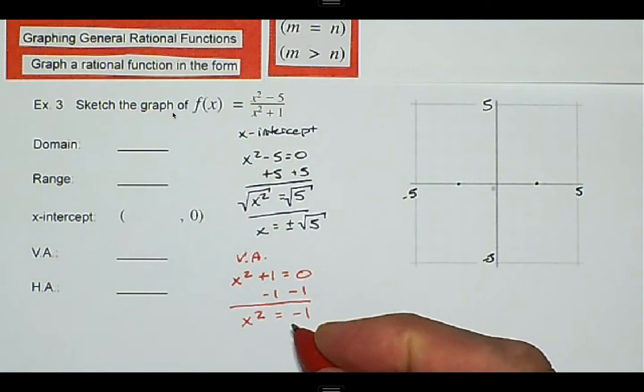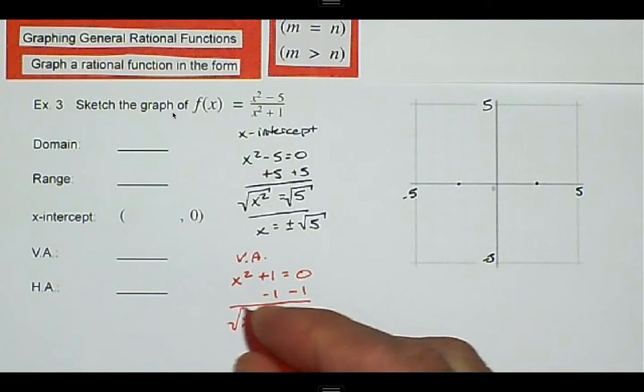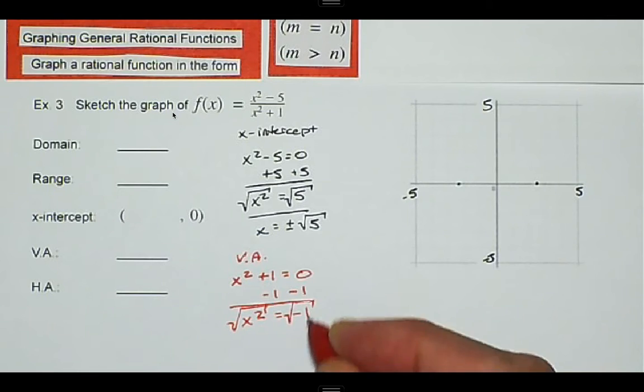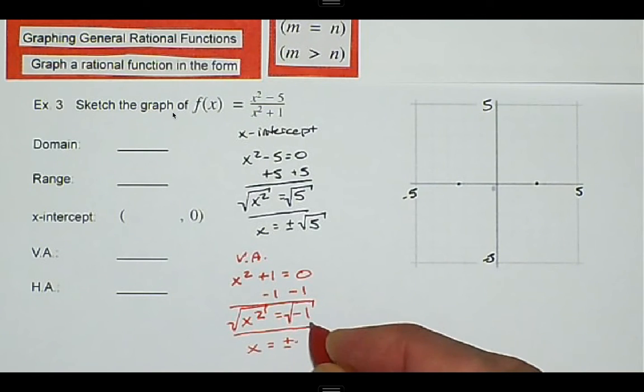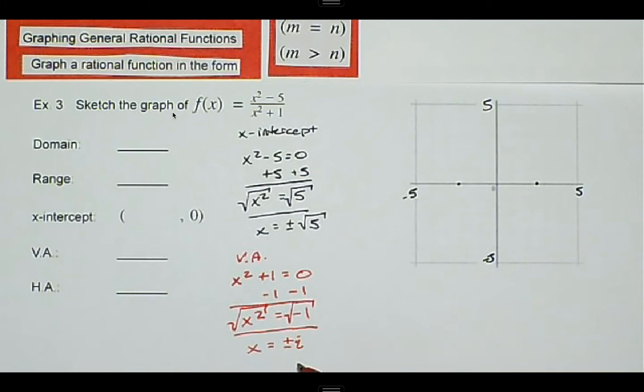And then we can take the square root of both sides. And then we get x is equal to plus or minus. We do know that the square root of 1 is 1, but we have that negative in there, so it ends up being plus or minus i, and so we have none for our vertical asymptote.